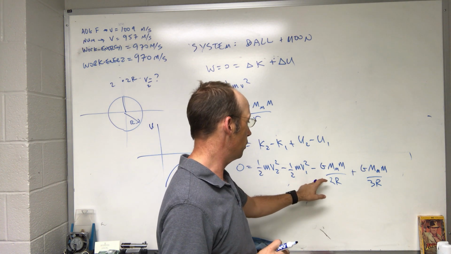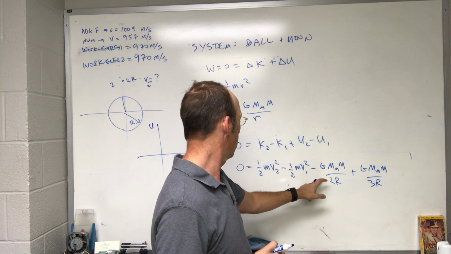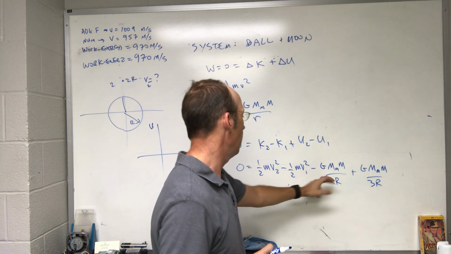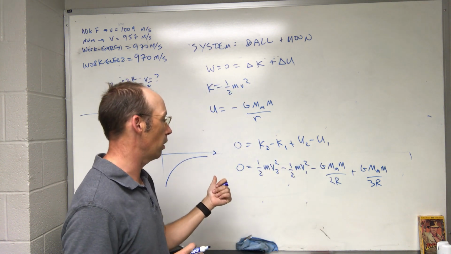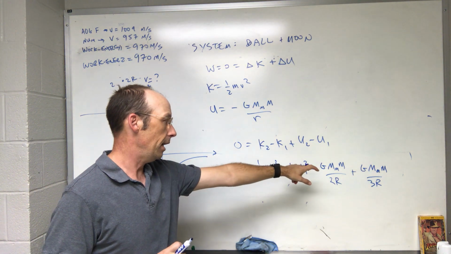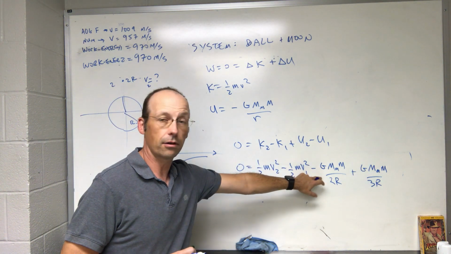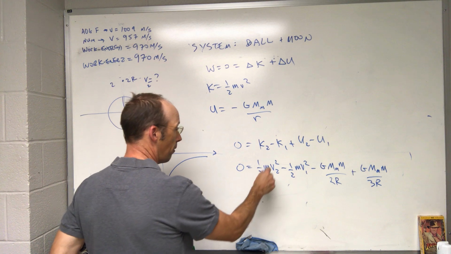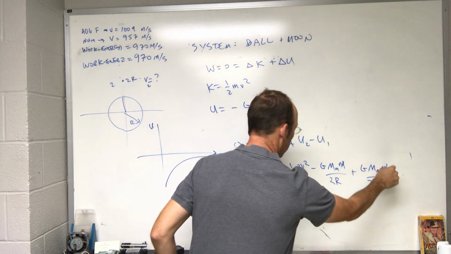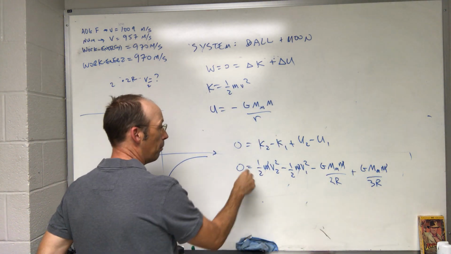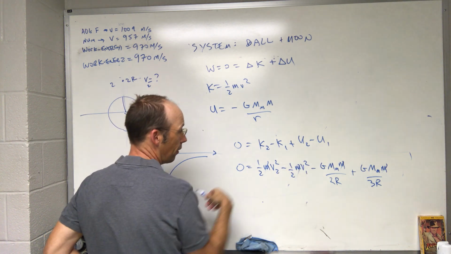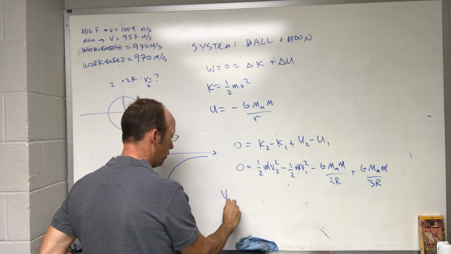So you'll notice that this is going to be bigger. Yeah, so I'm going to add these to the side to solve for the final velocity. And so this is bigger, so that's good. It's going to come positive. So if I solve this, the masses cancel, and if I solve this for V2, multiply everything, add that stuff to the other side, multiply by 2, I get V2.